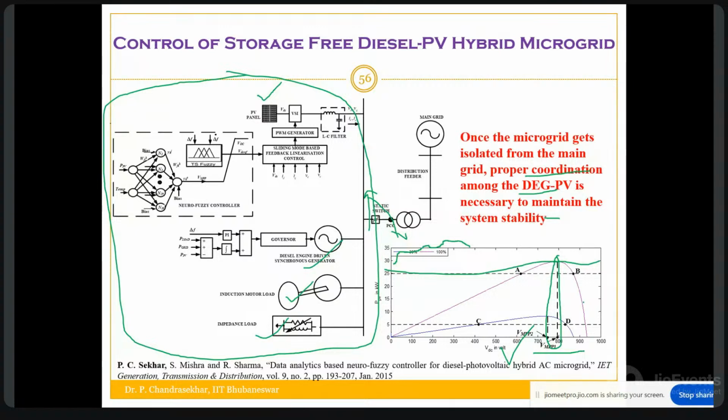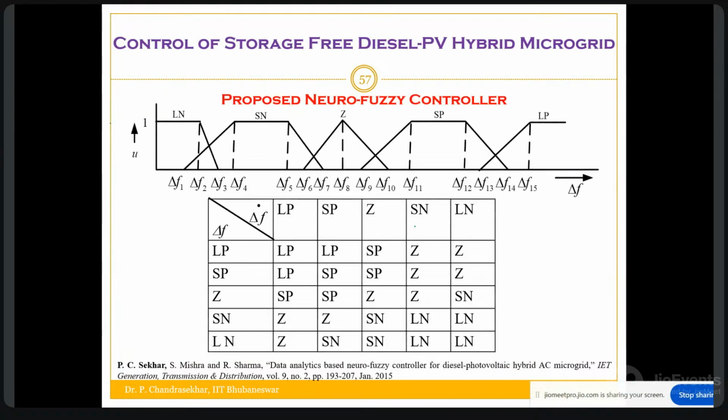So how do we decide the reference operating voltage such that the power will not be in excess or deficit? It should be just enough to meet the load so that the frequency and voltage are maintained constant. For that, I have developed a fuzzy controller, which gives the voltage reference.